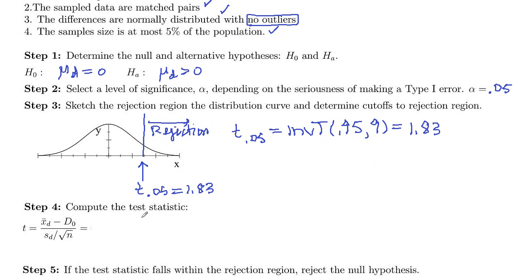Now we need to compute the test statistic. We need the mean and standard deviation of the differences. So I did one variable stats here, and I got the mean of the differences to be 0.8 and the standard deviation of the differences to be 2.97.